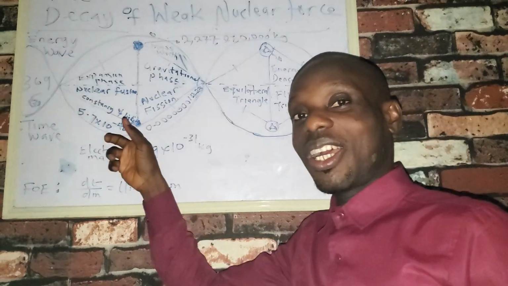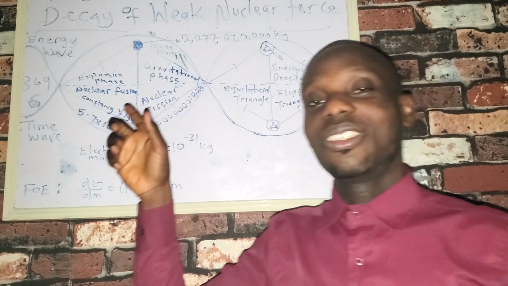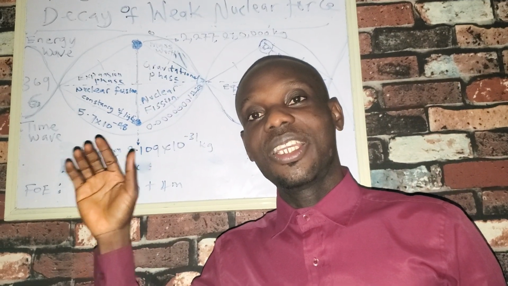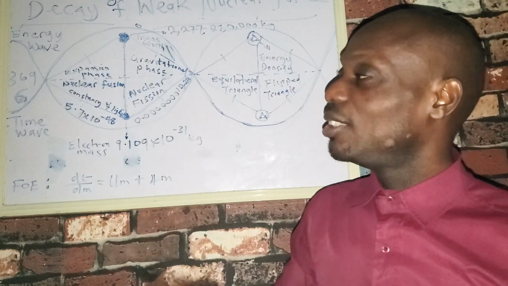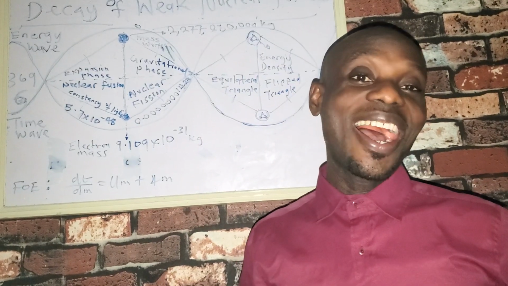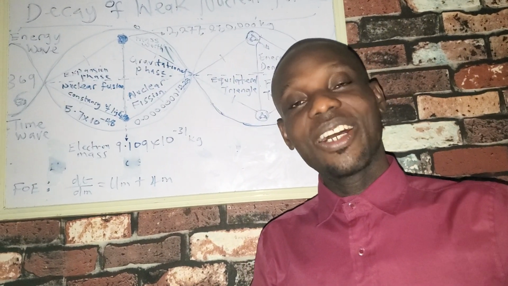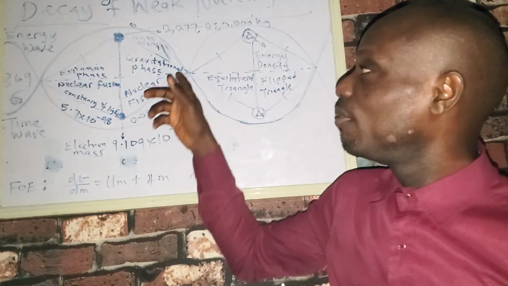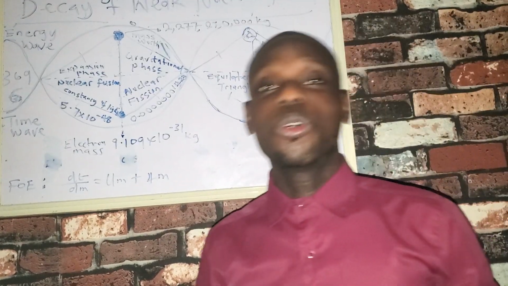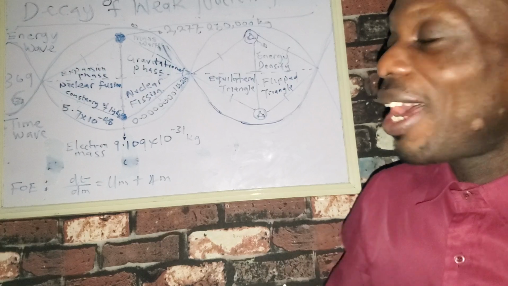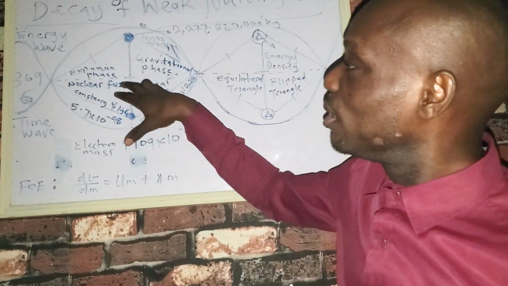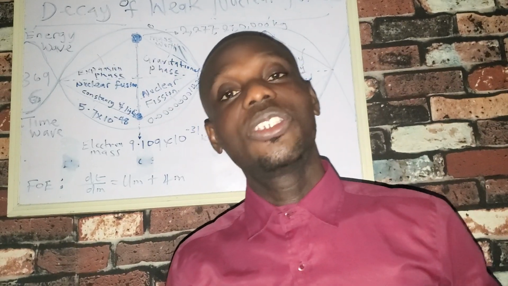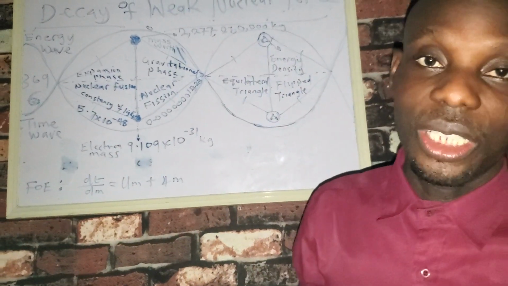So now let's look at this diagram on the board to visually explain the phenomenon. We have the phenomenon of nuclear fission in the gravitational phase of the time energy wave model, and we have nuclear fusion in the expanding phase, or expansion phase, of the time energy wave model.